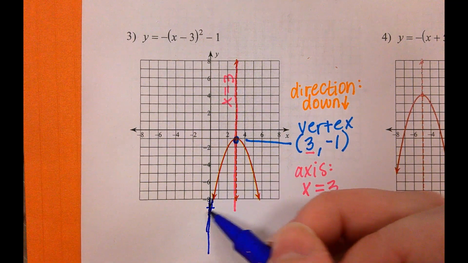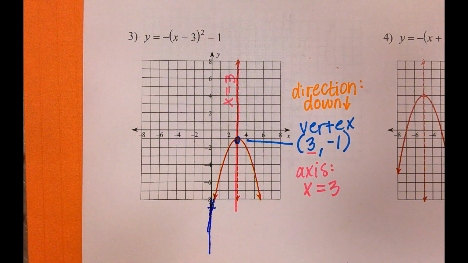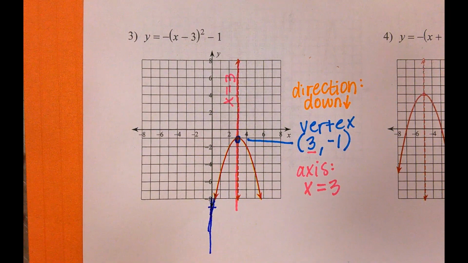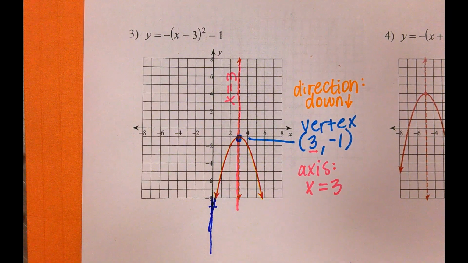Okay, I have a question. So will it always be a y-intercept? Yes, there will always be a y-intercept because that parabola, because the arrows mean that it goes on forever, it is going in both directions farther and farther, and it eventually will touch the y-axis at some point.